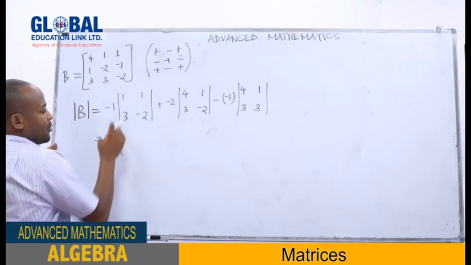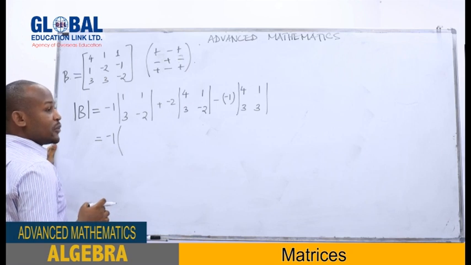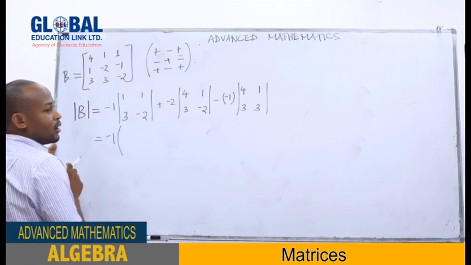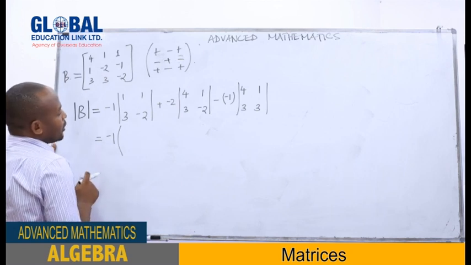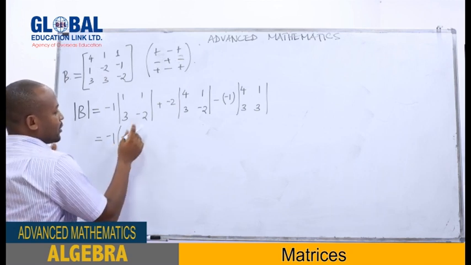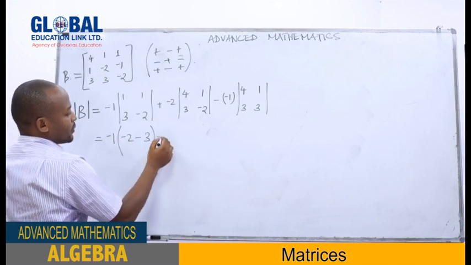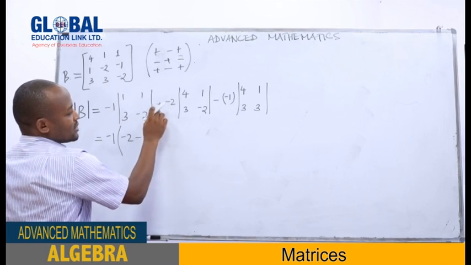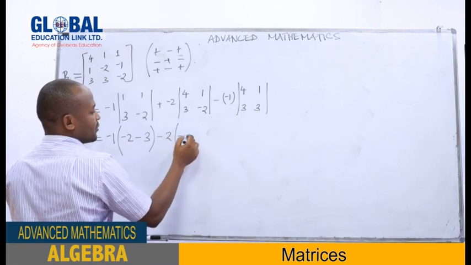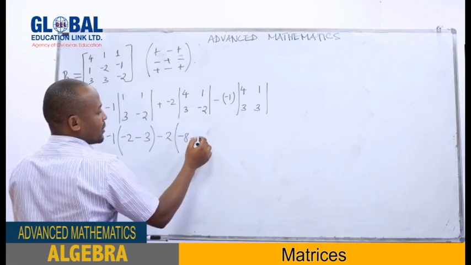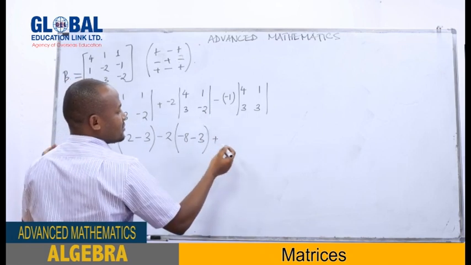Remember, the determinant of a 2 by 2 matrix is found by the difference between the product of the leading diagonal minus the product of the other diagonal. We have 2 minus 3. Positive times negative is negative. There we have a negative 8 minus 3. A negative and a negative is positive.